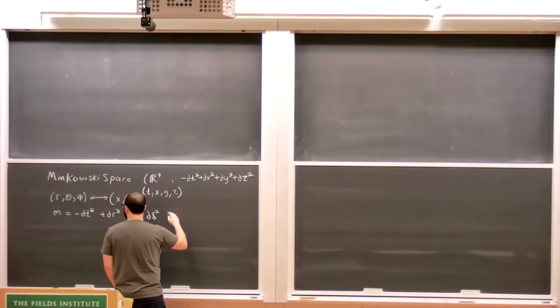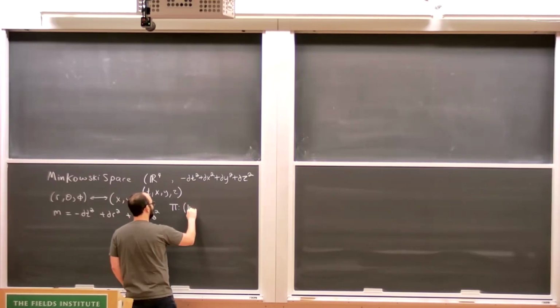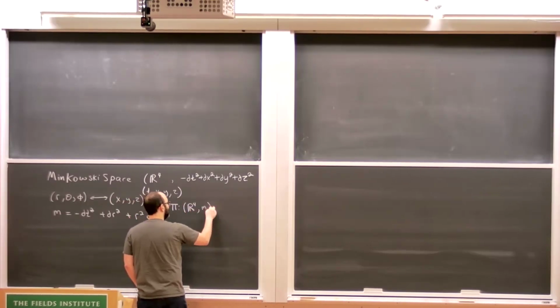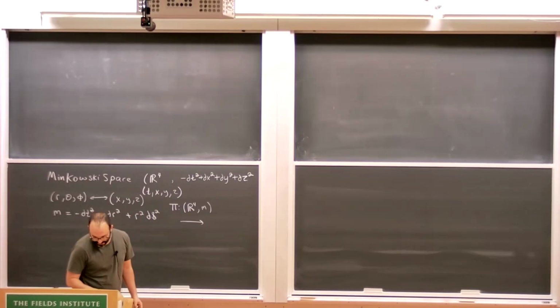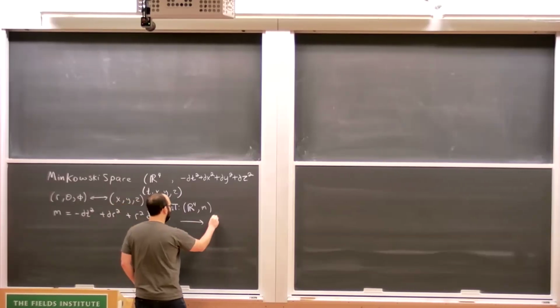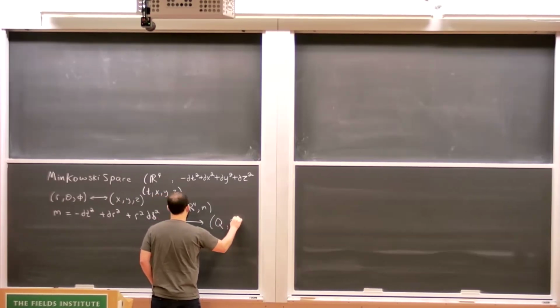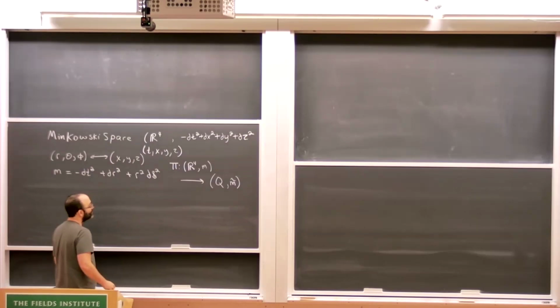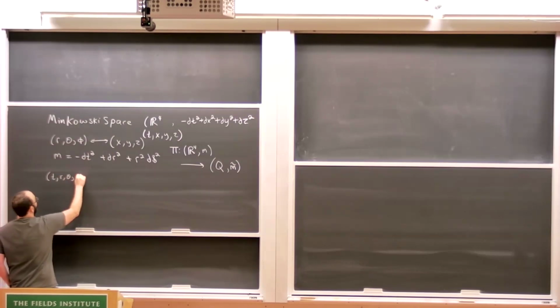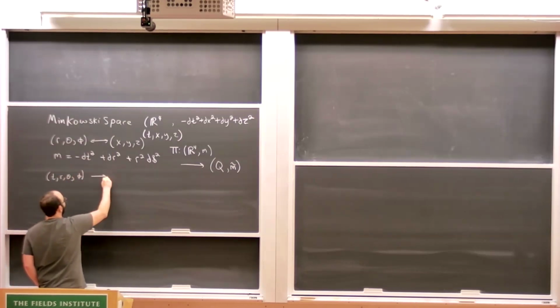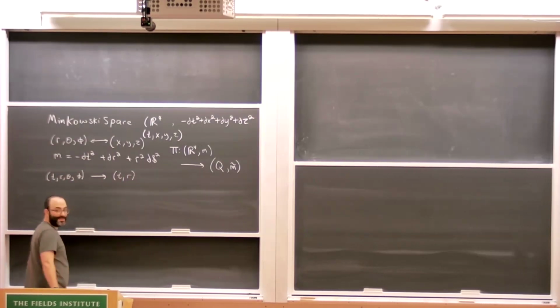So let's define a map pi from my R4 Minkowski space M to Q, M tilde, which is just (t, r, theta, phi) going to (t, r); I'm just dropping the theta, phi.